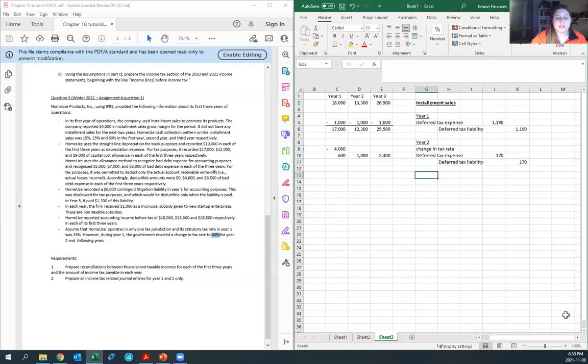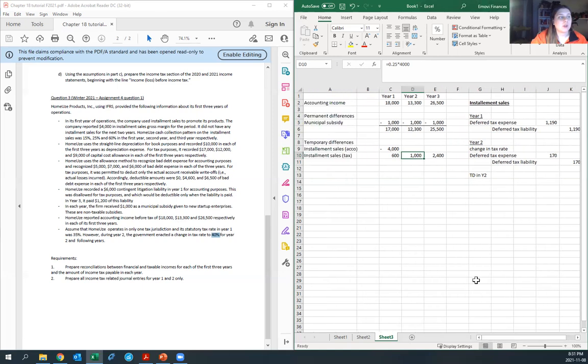Then this is for your temporary differences in year two. You want to reduce your deferred tax liability for the $1,000 temporary difference. So deferred tax liability, deferred tax expense / benefit. So it's going to be $1,000 times 40%.